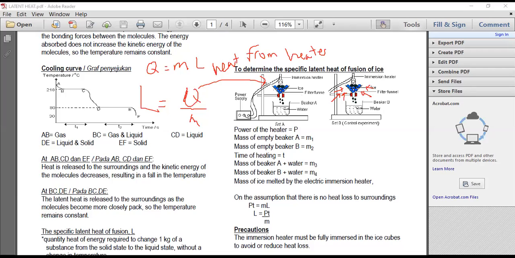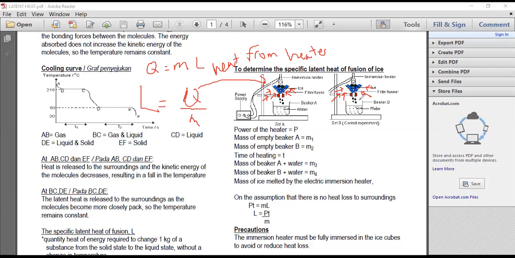Now if you just use the heater with the ice and switch it on, the ice will melt because of heat from the heater and also the surrounding. So we want to minus the surrounding effect. That's why you have the second set here.